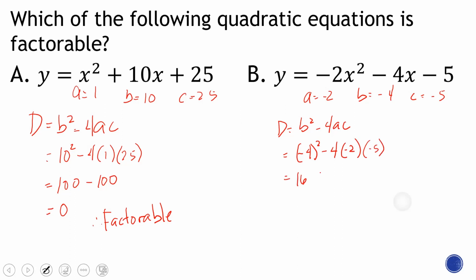This is 16, minus 4 times 2 is 8, times 5 is 40. 16 minus 40 is negative 24. Since it's negative, letter B is not factorable.